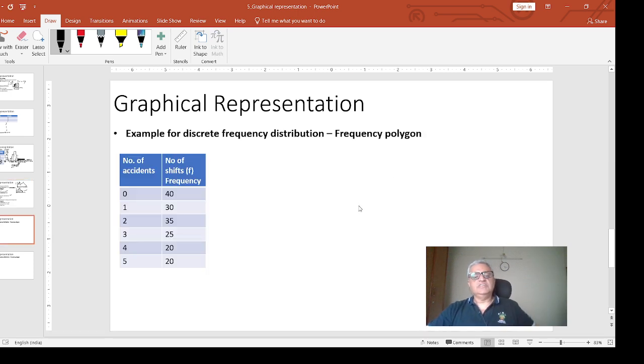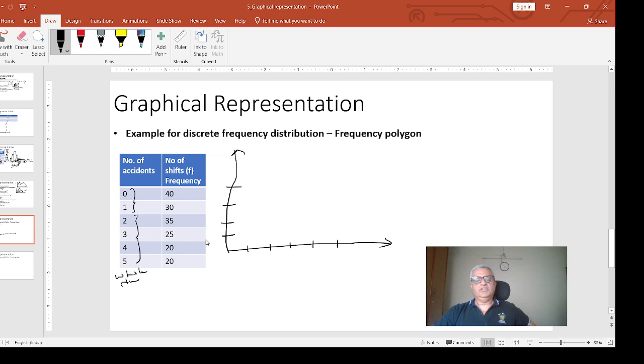Let's see a couple of examples. So this is a very simple example, but let us quickly do it. On x-axis, I have 1, 2, 3, 4, 5. So these are discrete values, right? They are whole numbers, discrete values, fundamentals that we have seen in our very first video. Okay, so on y-axis we'll have, say for example, 10, 20, 30, 40.